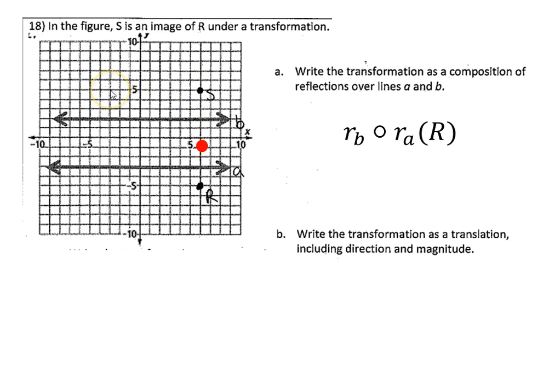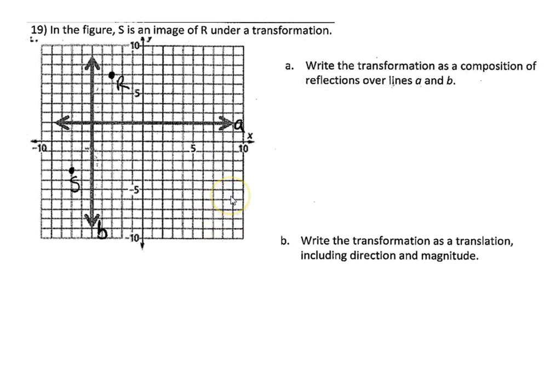So the vector would be <0, 10>. We took this point R, moved it left and right 0, and moved it up 10. So this would be the transformation as a translation, including direction and magnitude. This is sufficient to say that this is the vector for which we moved R to S.